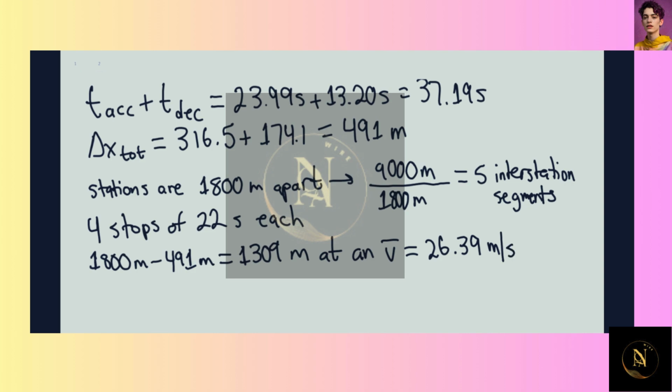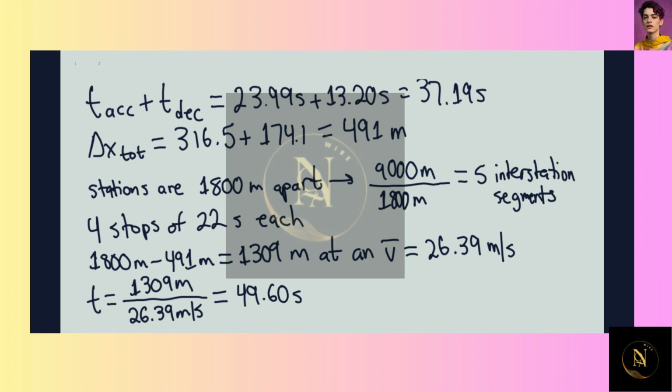So we can solve for the time, and we can say that time would then be equal to 1,309 meters divided by 26.39 meters per second. This is giving us 49.60 seconds.